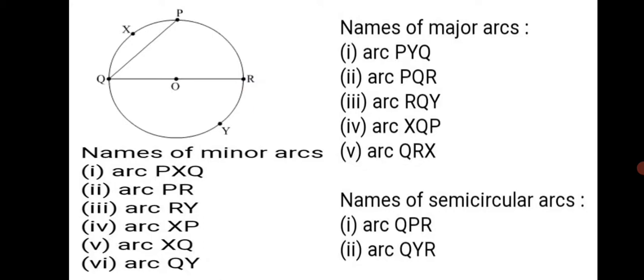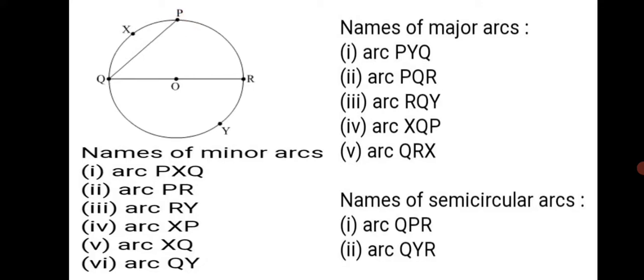Now let's take point R. From point R, we will move in this manner. Point R, RQY is another major arc. Now we will take point X. Point X, Q, and right up to your P. So this is another major arc, arc XQP.